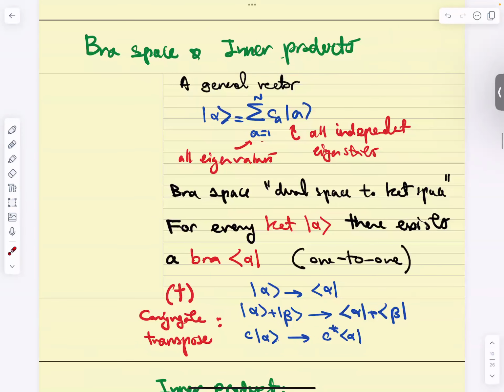All right, so that was kets. Those were column vectors. What about row vectors? Those are called bras, and they form the bra space. The reason is that when you take the inner product, which here is matrix multiplication of a row vector with a column vector, you get a number.